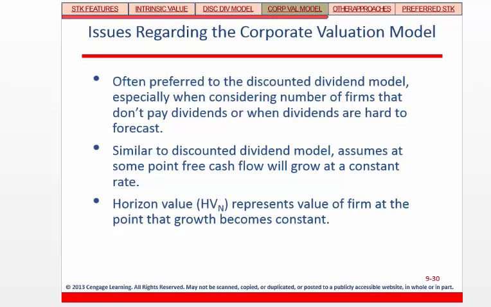So if you go back and look at some of those two-stage dividend problems, we'd always look at what happened in the future first, and we'd use the dividend growth model to get to maybe a P5 or a P4, and then we would discount back to P0 based on that area of maybe no growth or no dividends or crazy dividend payment history. Well, the horizon value is going to be like that P4, P5. It's going to be that moment in time where from this point forward all the growth becomes constant for the free cash flows.